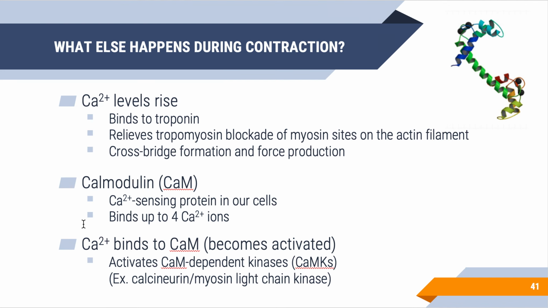Calmodulin is this molecule up in the top corner here, and it can bind 4 calcium ions. When calcium binds to calmodulin, it becomes activated and forms this calcium-calmodulin complex. It can then activate calcium-calmodulin-dependent kinases, or CaMKs. Examples of these are calcineurin or myosin light chain kinase.